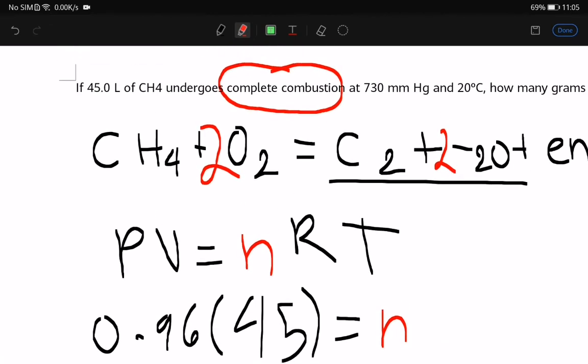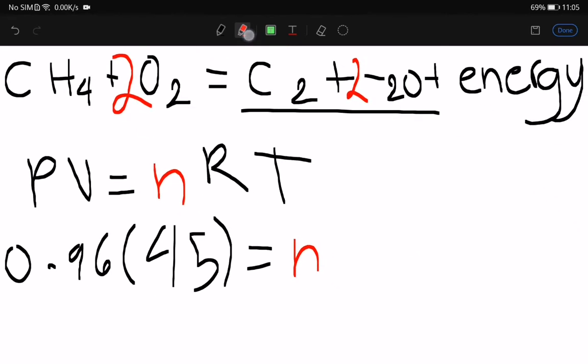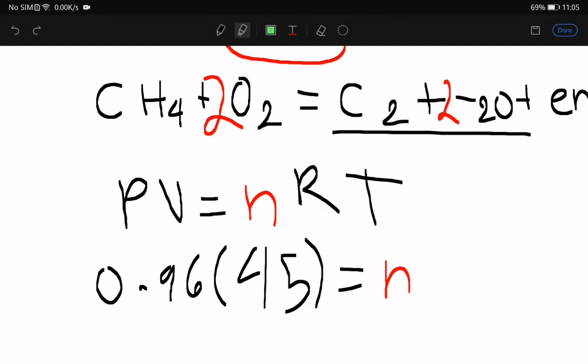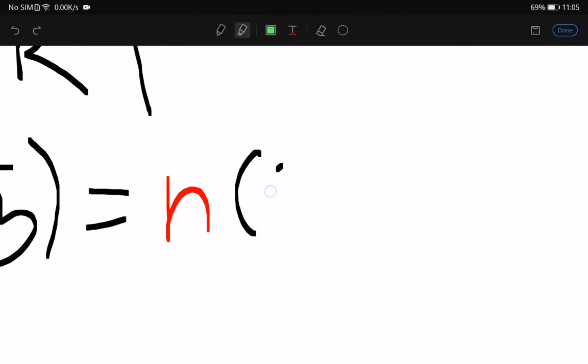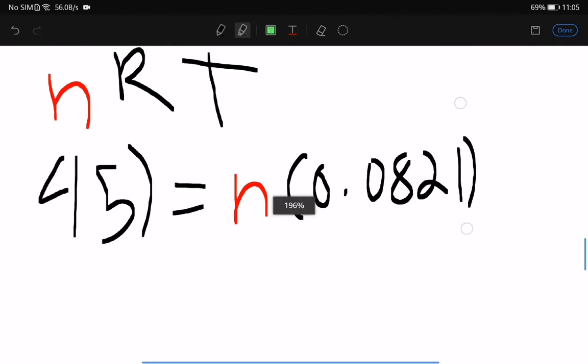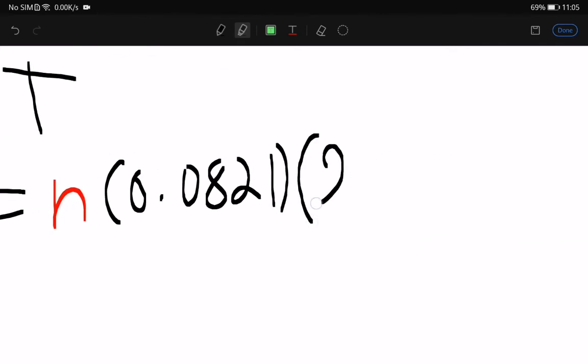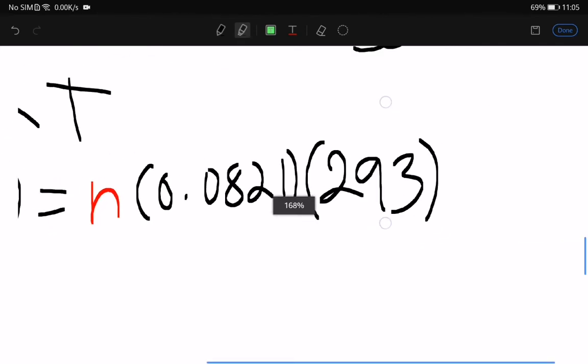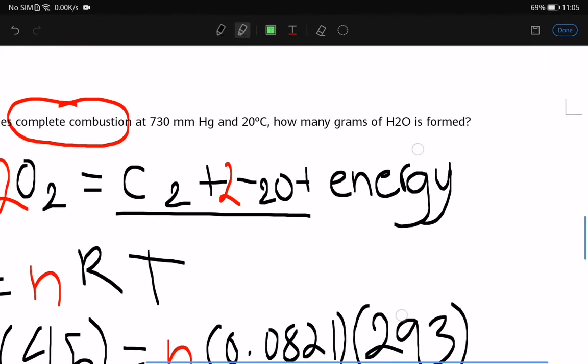What we need to find is the number of moles of methane so we can convert it to the next values. And let's put in the values: R is 0.0821, and your temperature in Kelvin is 293. Am I right? Yes.